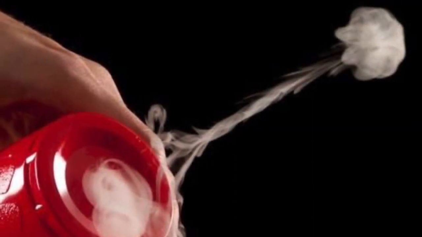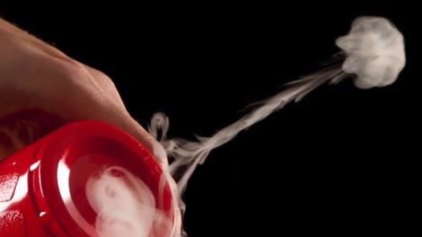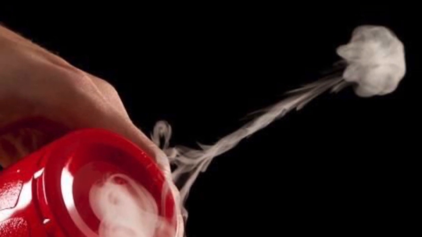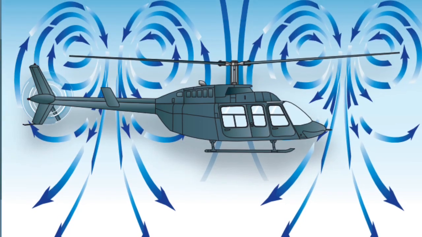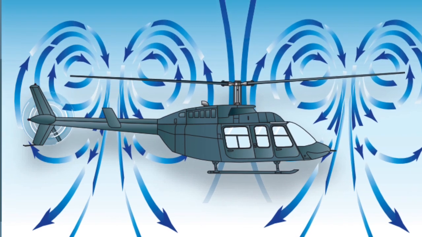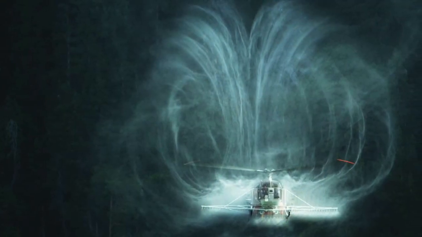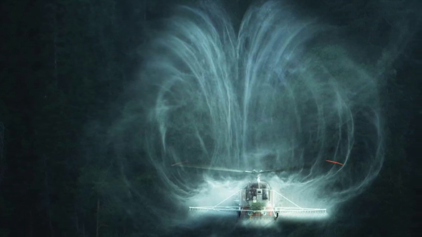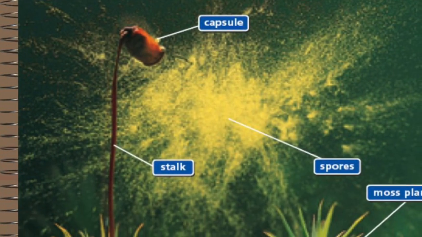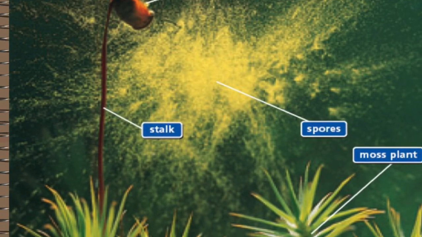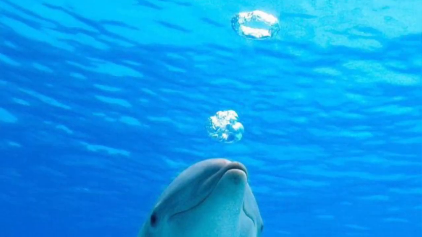The rapid escape of the air molecules forms a stream of air that flows straight out of the cannon. Poof! Vortices like the ones generated with your air cannon are created by a number of things, such as helicopter blades, or even mosses that disperse their spores by shooting them outward. Whales and dolphins even blow vortices with bubbles underwater.